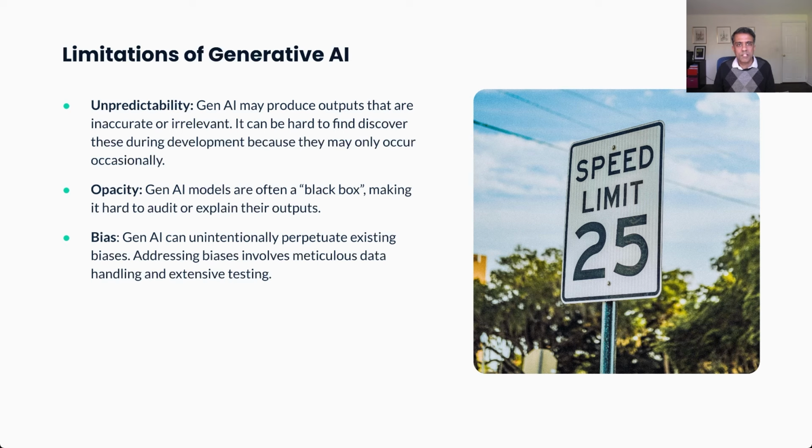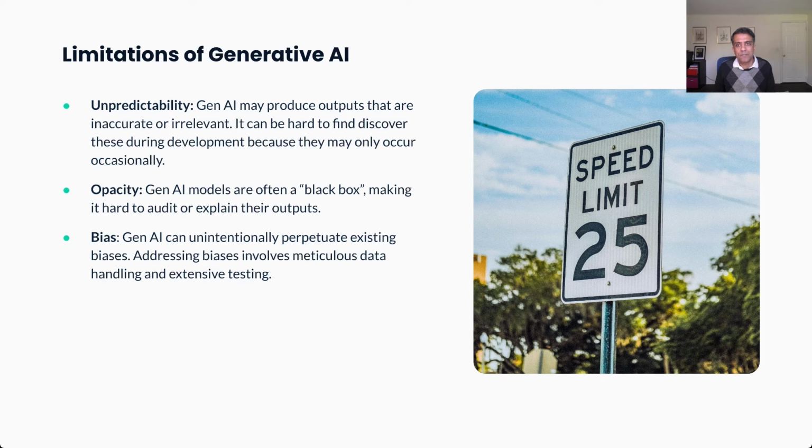In addition to these challenges, there's also some inherent limitations of Gen AI that you should consider. The Gen AI outputs are going to be unpredictable. The outputs are not deterministic, and even with the same input, you might get different outputs. The models are often going to be opaque, so you're not quite going to know why a model responded in a certain way, even though your input seemed to be the right one.